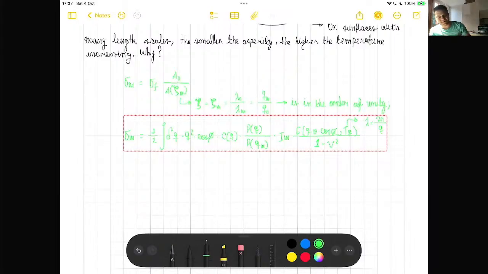Once defined the stress, we go to the energy dissipated.